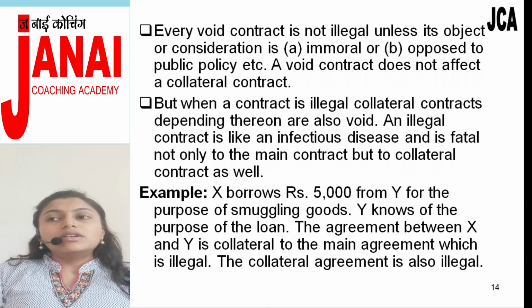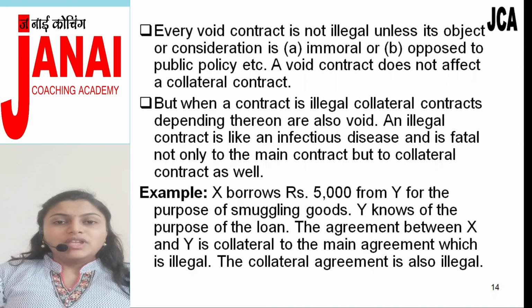Every void contract is not illegal unless the object or consideration is immoral or opposed to public policy. If the object is immoral or opposed to public policy, then that contract will be an illegal contract, and then ultimately it will become a void contract.